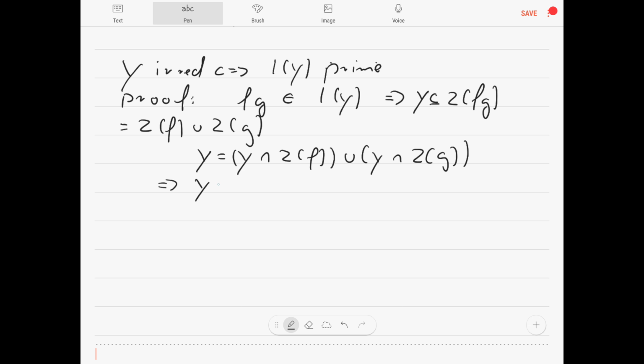So Y is a subset of Z of F, and this of course means that F is in the ideal of Y. And oh yeah, that's what we wanted to show.